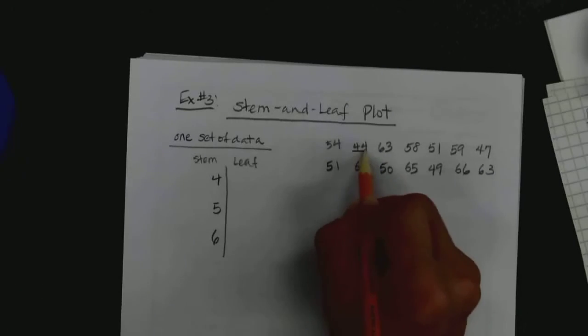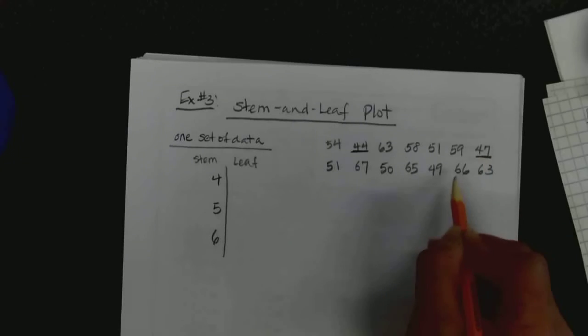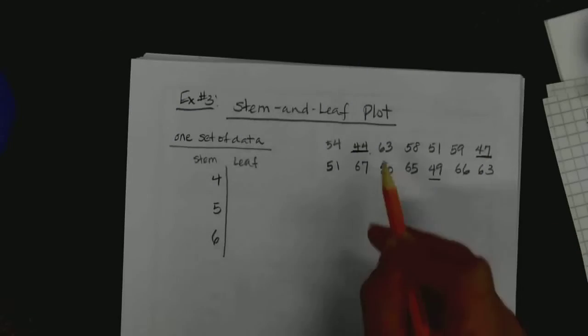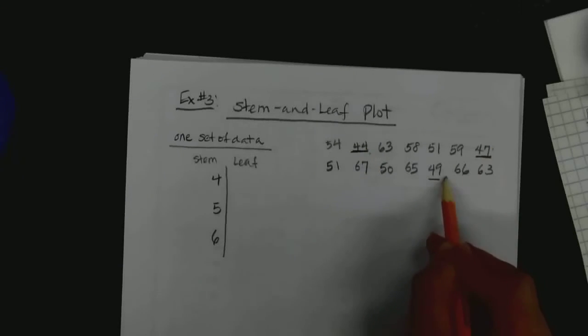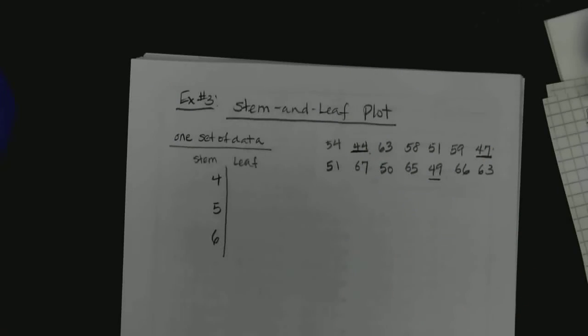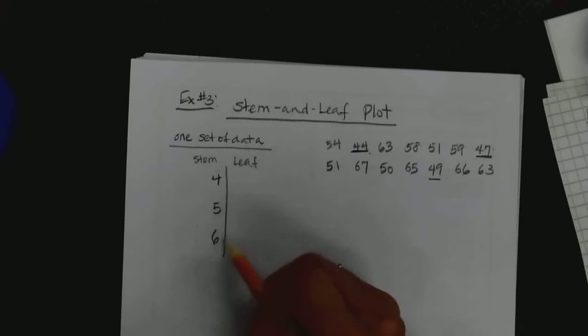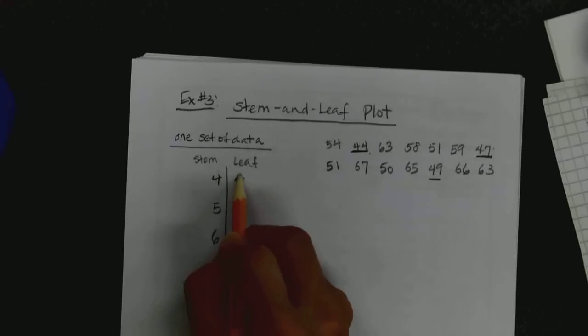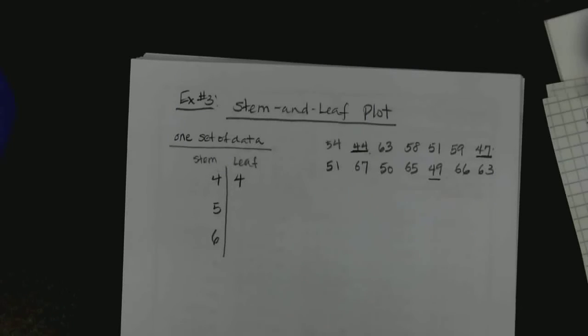Now, looking at all your 40s, I've got 44, 47, 49. So the 4, 7, and 9, that's the leaf part, because this is the 40s. So if I want to say 44, here's 40, here's 4. And then you do have to put them in order, least to greatest.